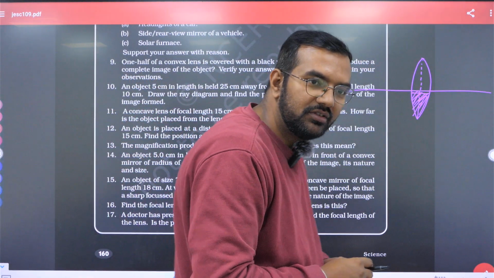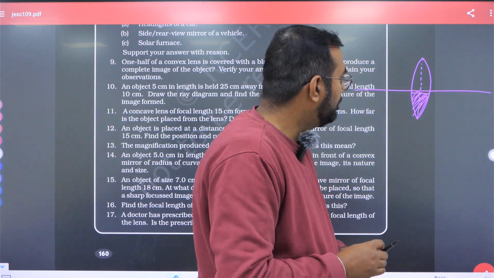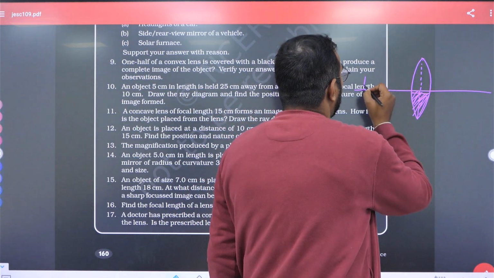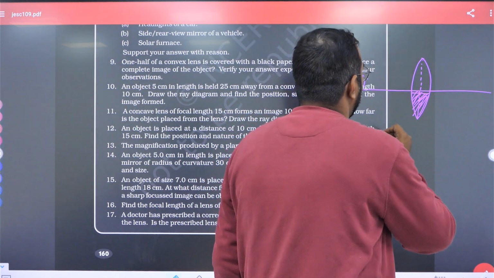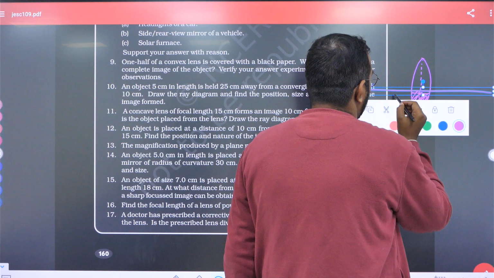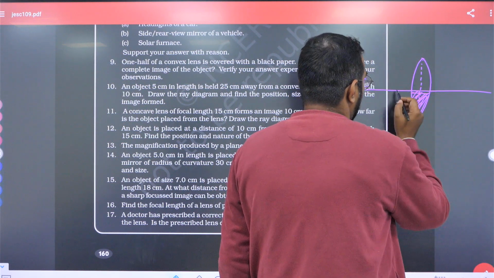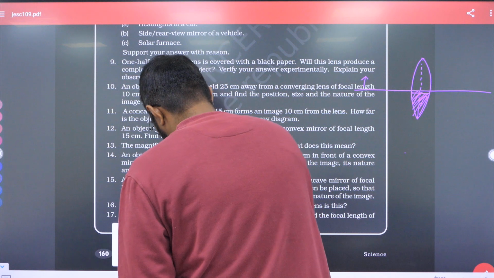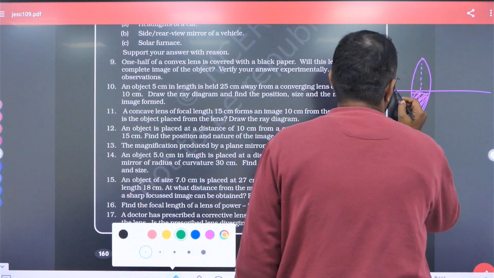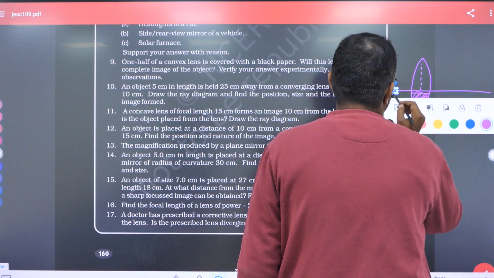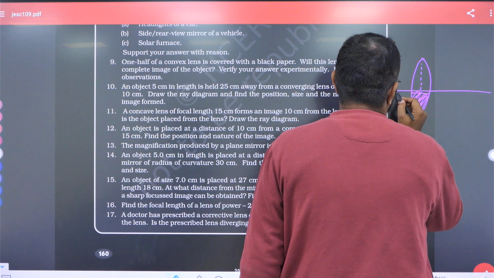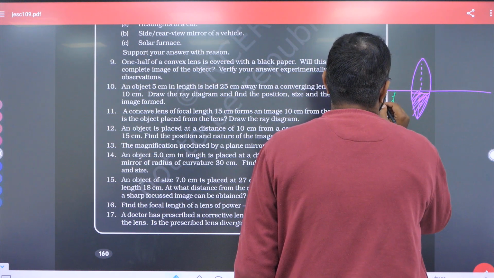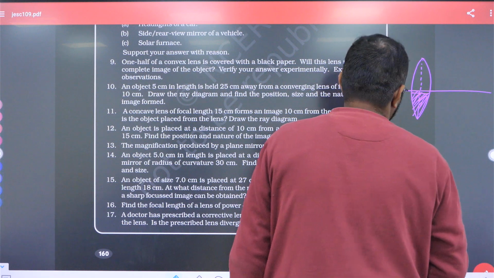It will produce the full image, because suppose this one is the object, okay? Here is F, and here is C, okay?